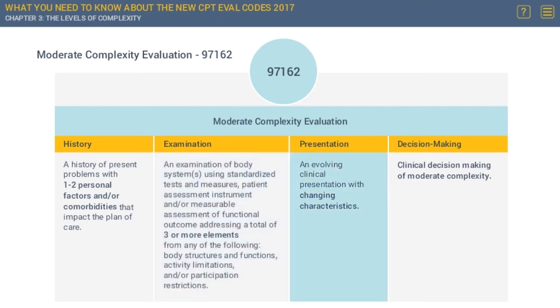The clinical presentation will be evolving with changing characteristics. This type of evaluation will require clinical decision-making of moderate complexity. If any of these requirements are not met, then the evaluation will default to the lower level of complexity.